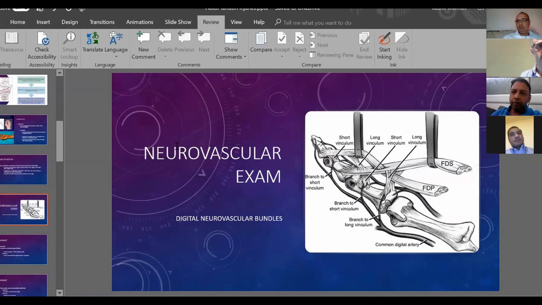And when you are going to check these patients, you have to check distal neurovascular status very carefully regarding digital nerves, because they are very important, and you have to check the vascularity of the digits as well, either with a digital Allen test.